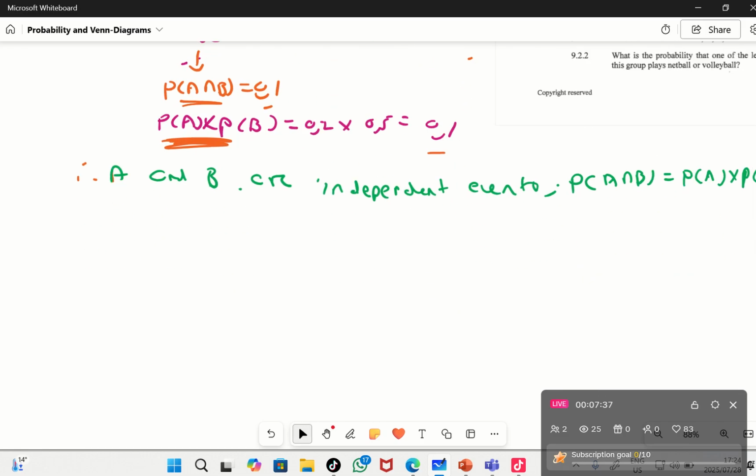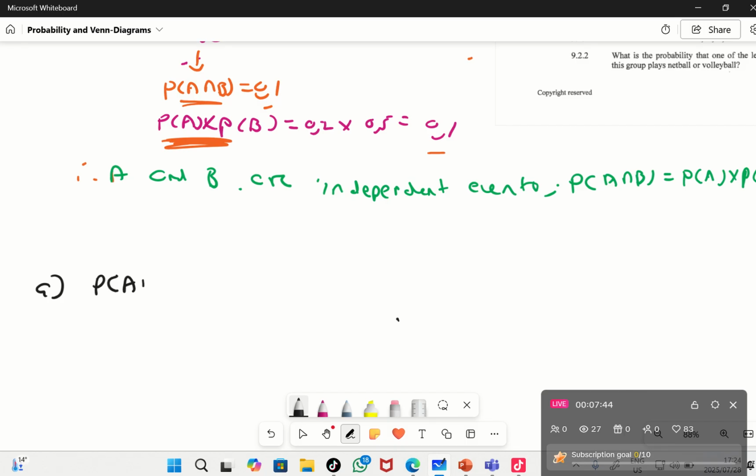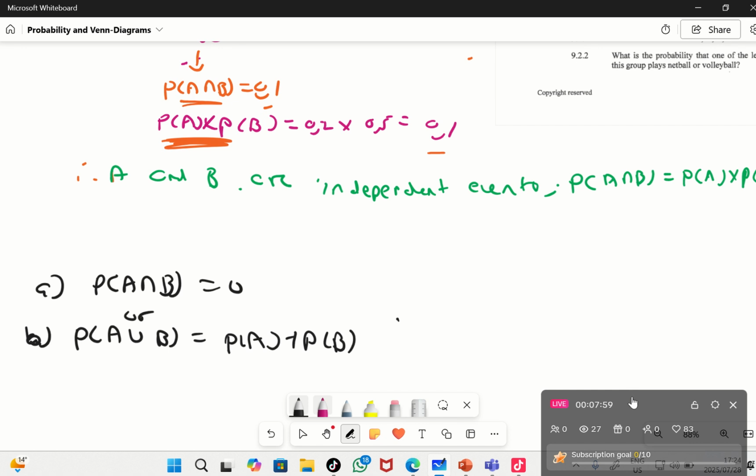Remember, two events are mutually exclusive if the probability of A and B is 0, or the probability of A or B is equal to the probability of A plus the probability of B. So these are the two conditions for mutually exclusive events.